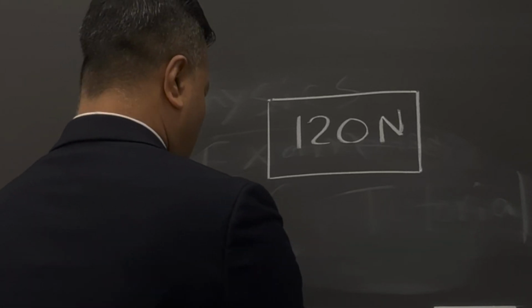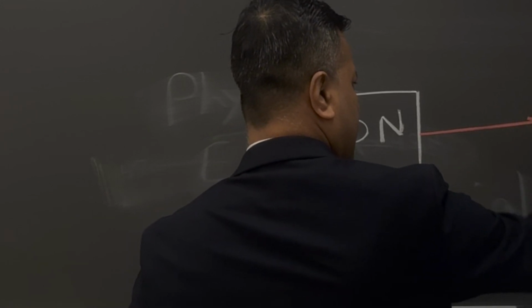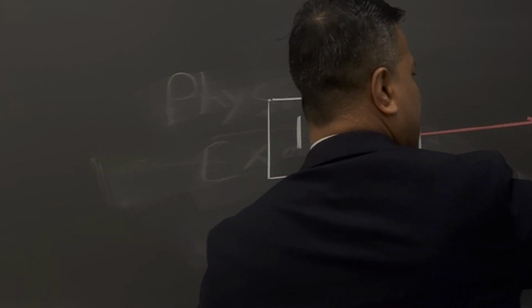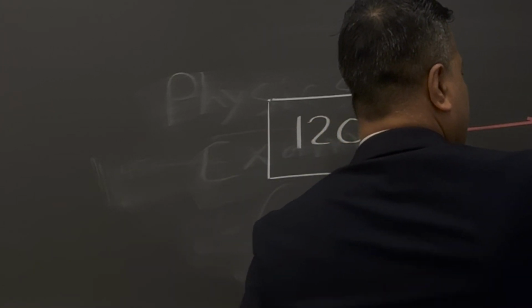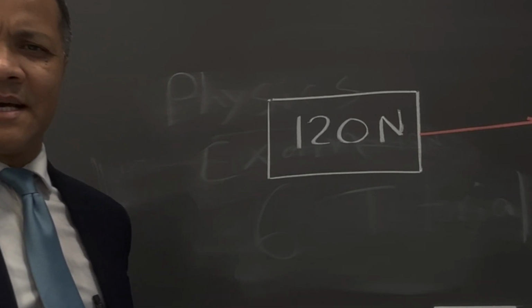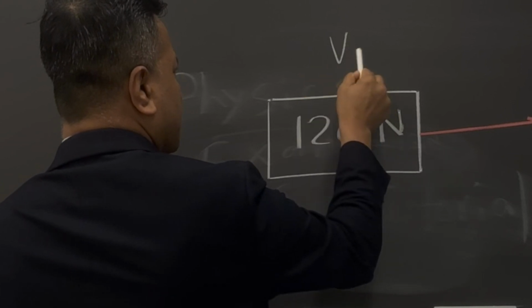Okay, so you pull this object by 48 Newton, right? And what I also inform you in the test is that the box is moving with constant velocity.